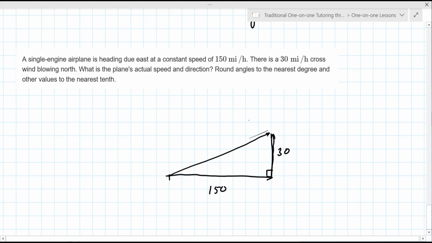Okay, so how do you find the hypotenuse of a triangle? A squared plus B squared equals C squared. Okay, will you find that for me, please?